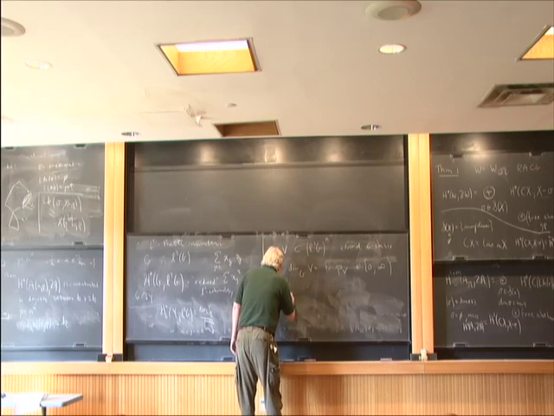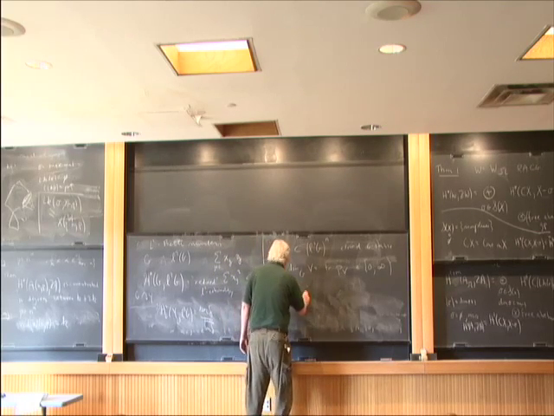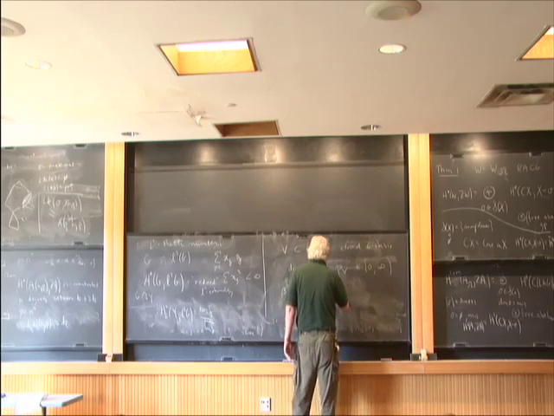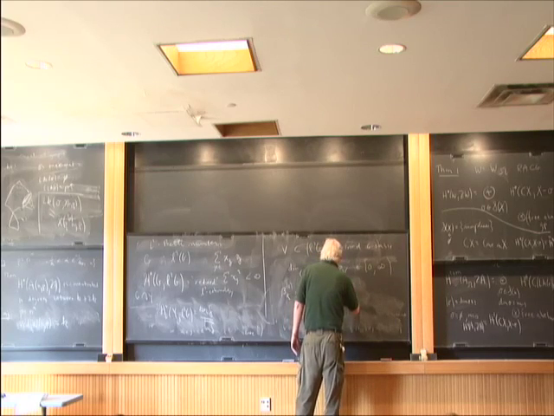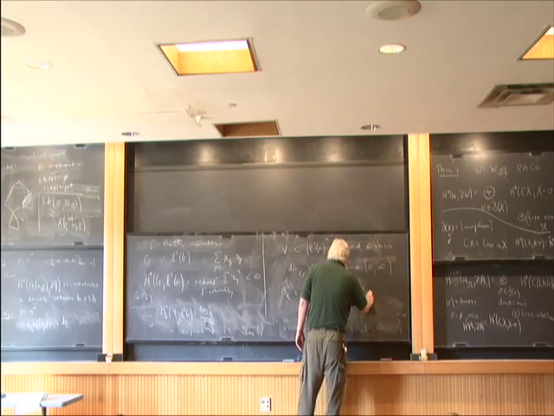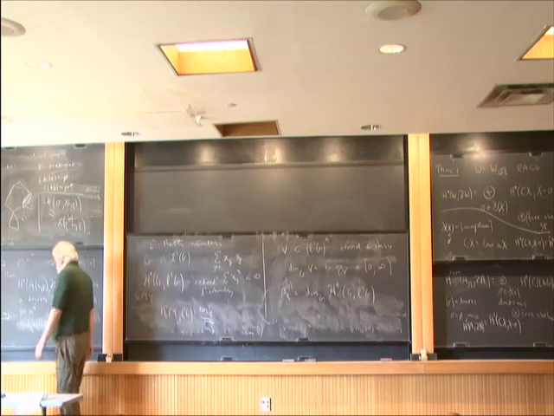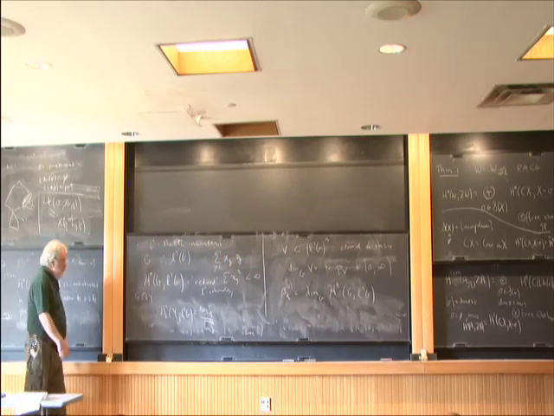So I'll say beta k, maybe if I remember to put a 2 there, is this dimension over G of this L2 cohomology.